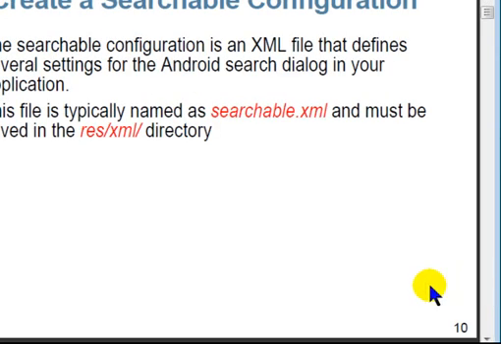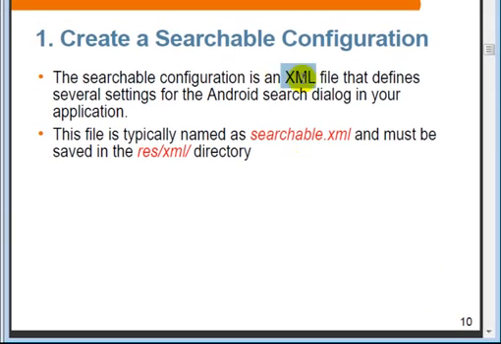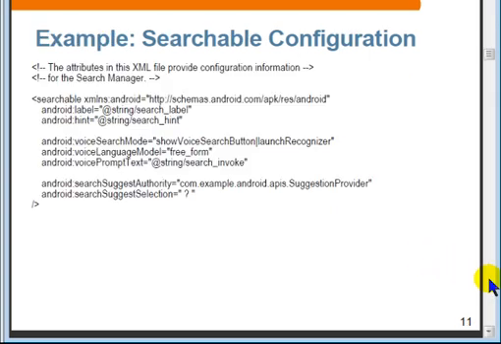Okay, first, create the searchable configuration. It is an XML file that defines several settings of your search dialog in your application. This is the way that you can customize your search dialog. The file is named searchable.xml and must be located in the res/xml directory. So let's see an example searchable.xml file. It has a label, it has a hint.